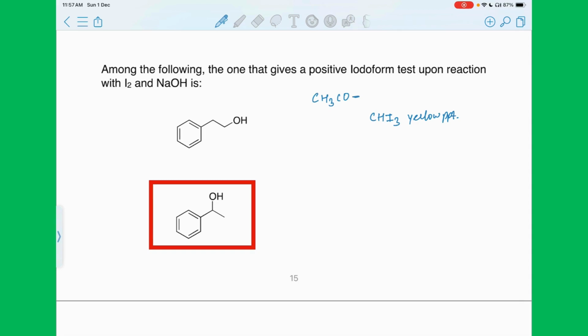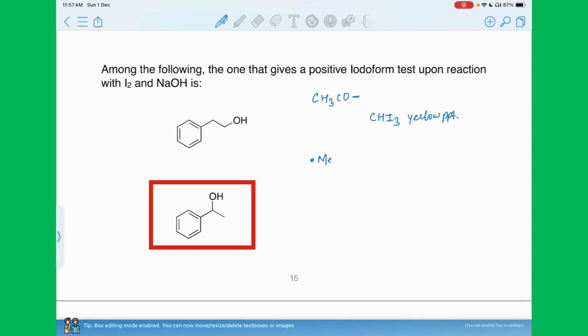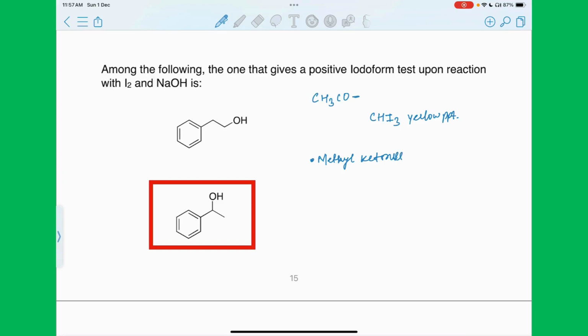Compounds that can give positive iodoform are methyl ketones, ethanol, and secondary alcohols that can be oxidized to a methyl ketone, and acetaldehyde because it contains a CH3CO group.